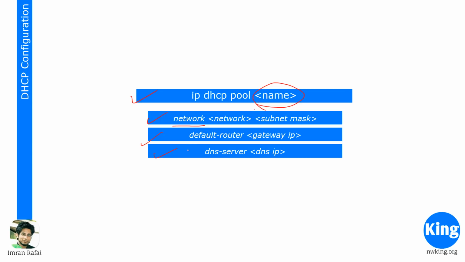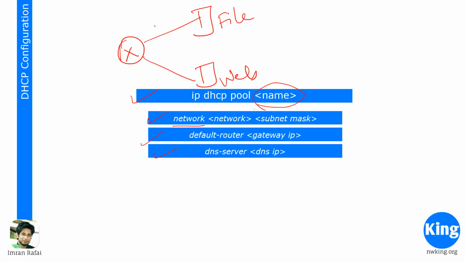That's how it works. Now, there's one more thing that I want to tell you. Let's say in your network this is the router, and you have a file server and a web server, and these are already configured in the 192.168.1.0 network. This is assigned .2, this is assigned .1, this is assigned .3.